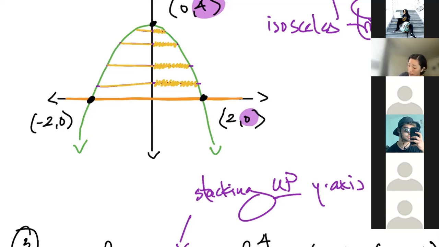Let's say that this distance is 1. How long is this distance? 2. Okay. So 1 plus 1, you can add them, but multiplication is the same as saying times 2, right? 2 times 1 is 2. Yes, there we go. That's the structure.